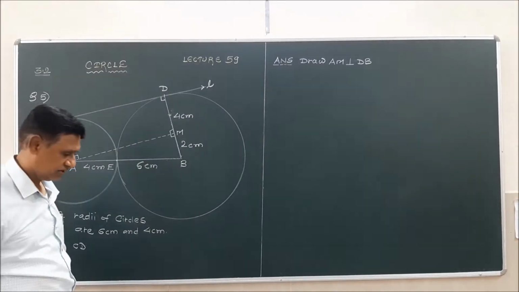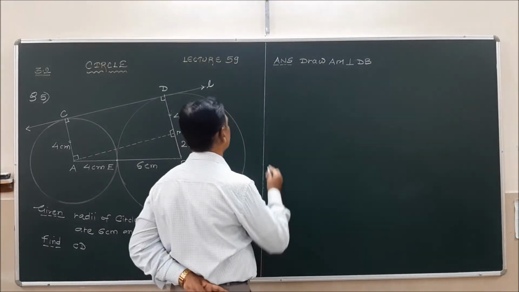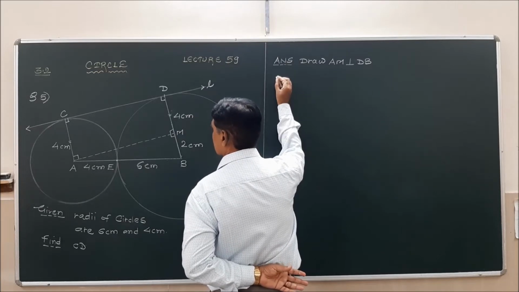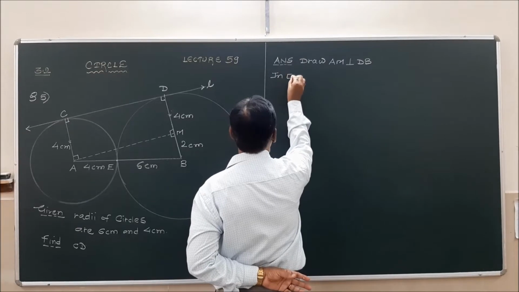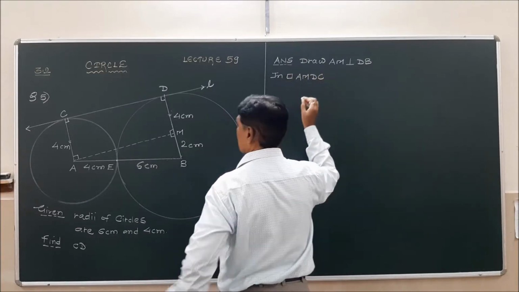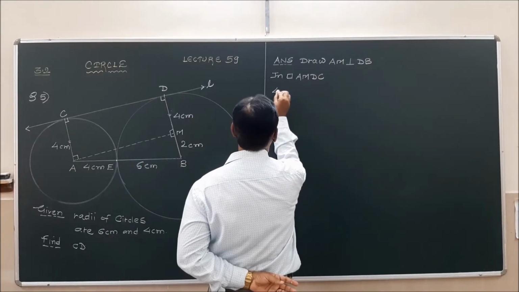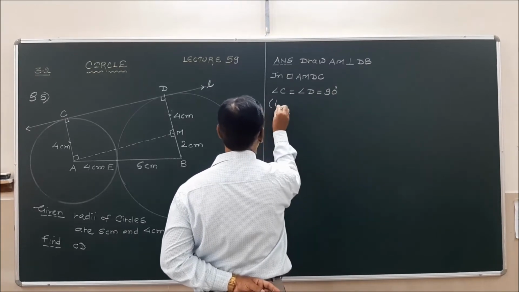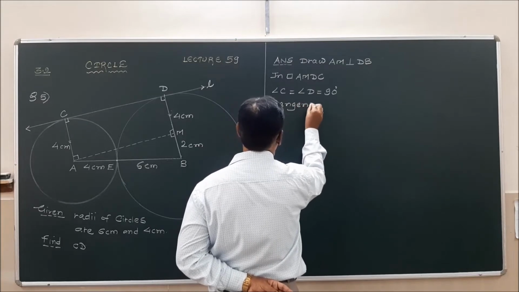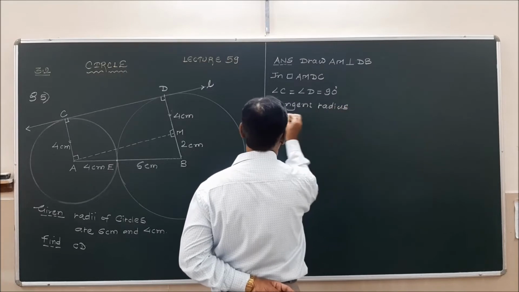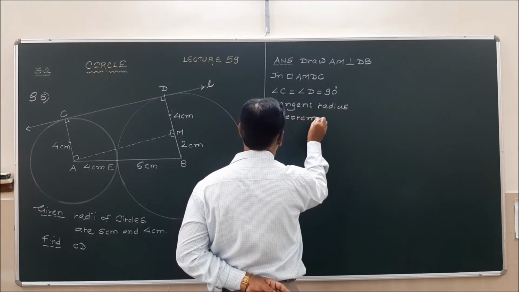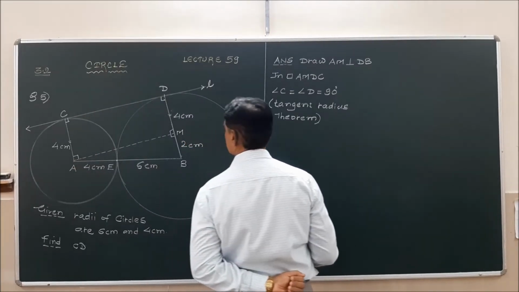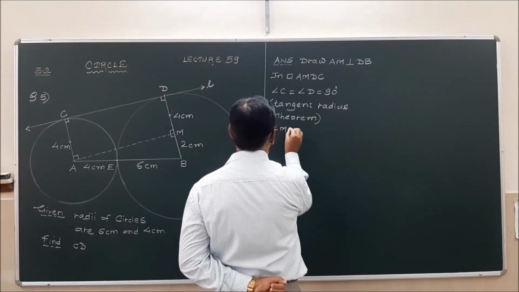So this is how we have to solve it. Okay, now I am writing what I said. Here, I am going to mention: in quadrilateral AMDC, angle C is equal to angle D, that is equal to 90 degrees, by tangent radius theorem. Angle M is equal to 90.